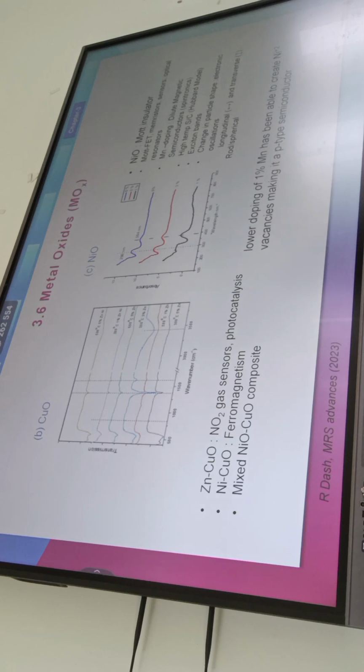Because nickel is magnetic, the whole material shows ferromagnetism. It depends on the doping. Doping will change the property. If you take simply zinc oxide, then what will happen? Will it be ferromagnetic or not? Zinc oxide at nanoscale.